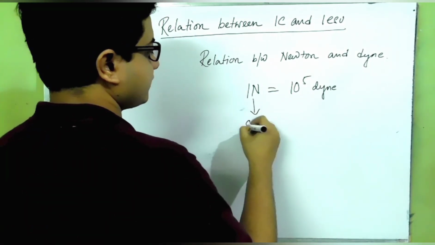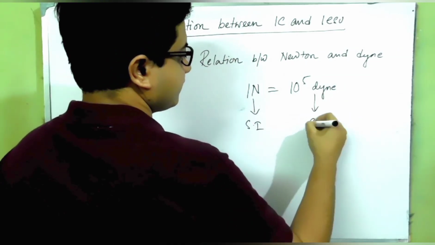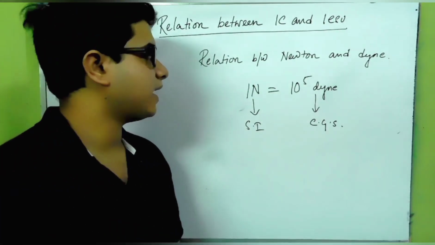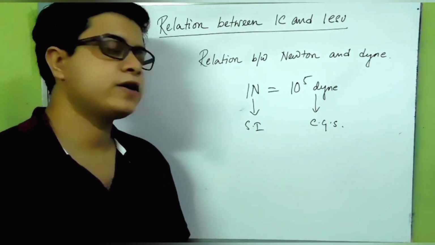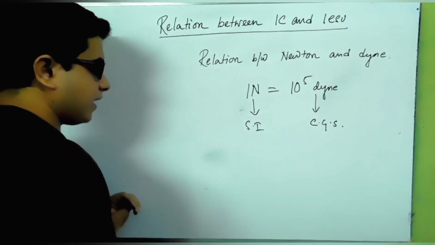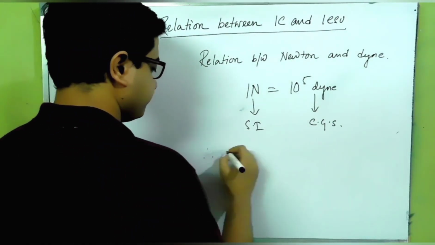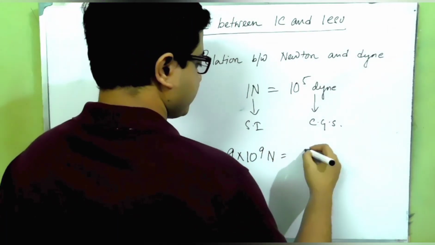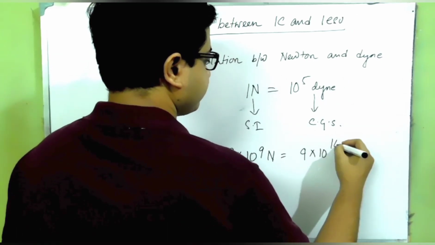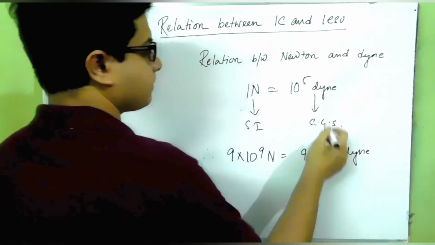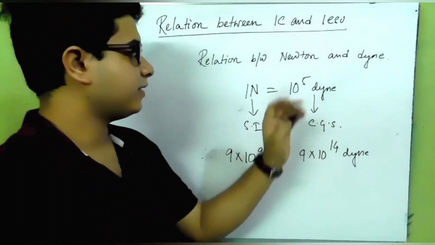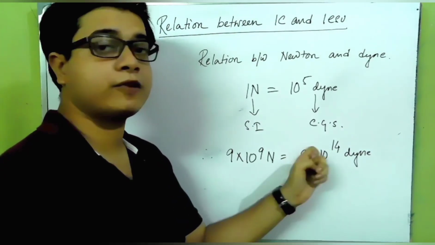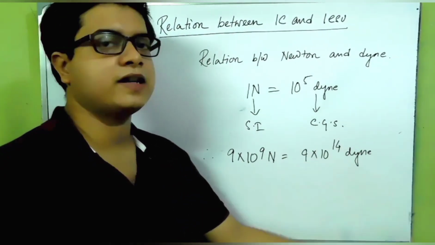This is in SI and this is in the CGS metric system. Therefore, 9 times 10 to the power 9 Newton of force will be equivalent to 9 times 10 to the power 14 dyne. Just multiply with 10 to the power 5 and you will get that 9 times 10 to the power 9 Newton is equivalent to 9 into 10 to the power 14 dynes of force.